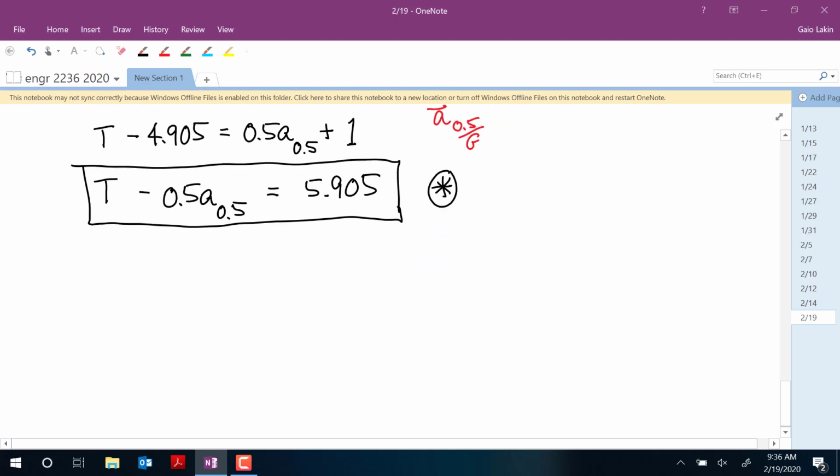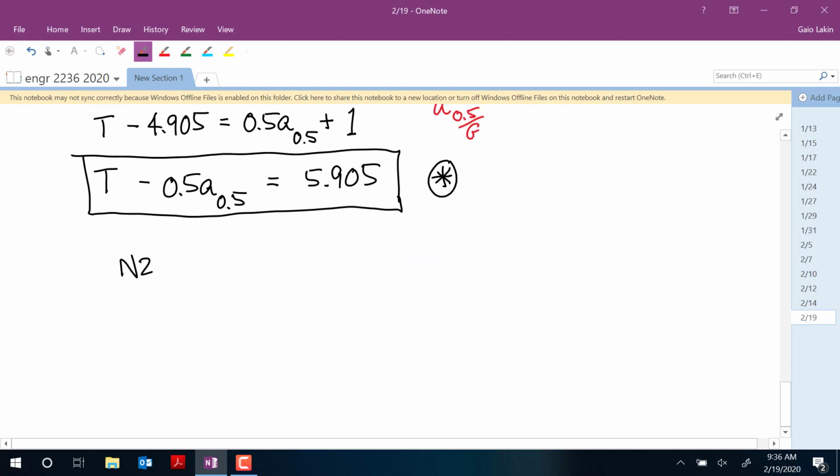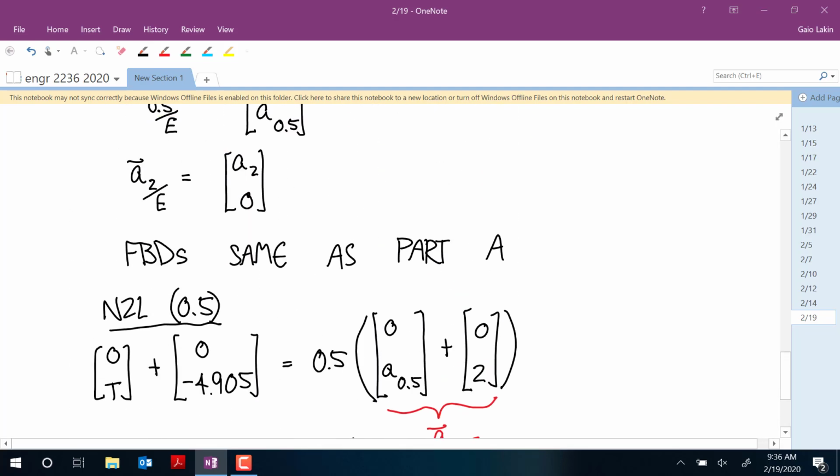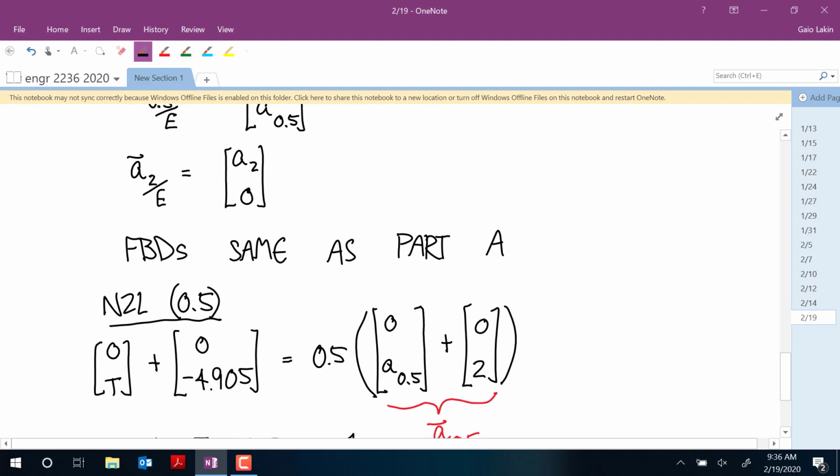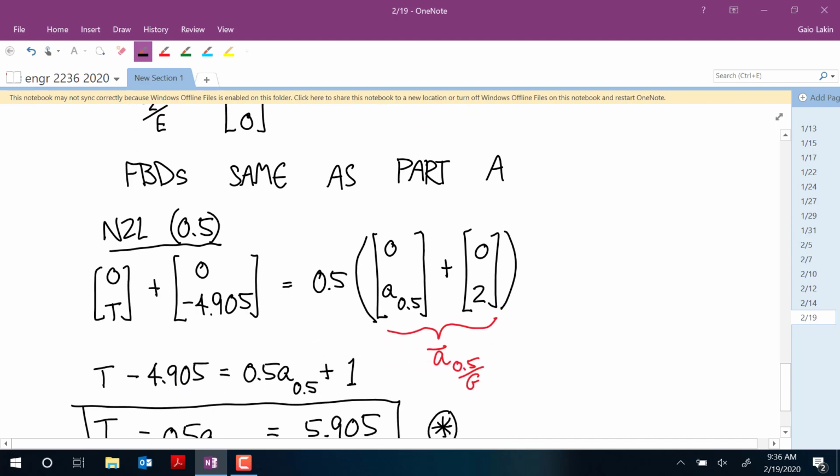Okay, and now we're going to go to Newton's second law for the 2 kilogram. Newton's second law applies in the relative motion equation, but not always. It doesn't ever apply in a coordinate system that's non-inertial, and that's why we had to use relative motion for our acceleration here.